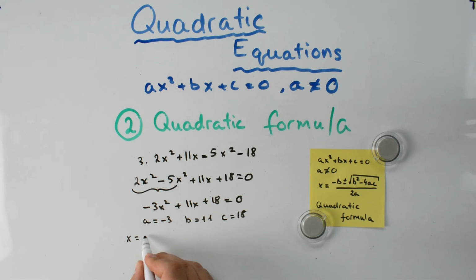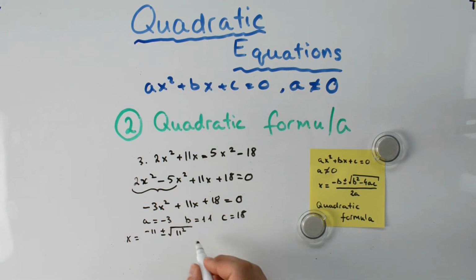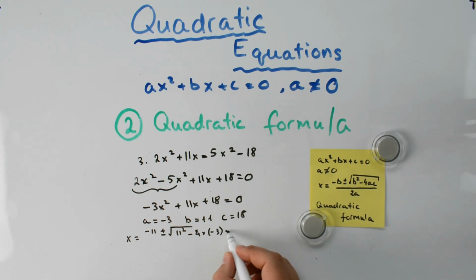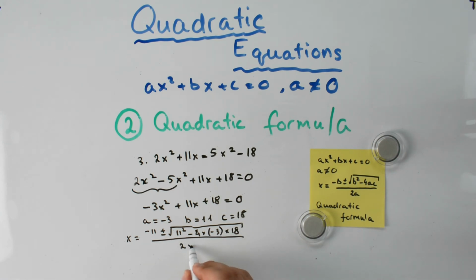We then use those values and put them again into our formula. So we get minus 11 plus or minus the square root of 11 squared minus 4 times minus 3 times 18, and then the denominator is 2 times minus 3. So we simplify our square root, and it becomes the square root of 121 plus 216, and the denominator is minus 6.